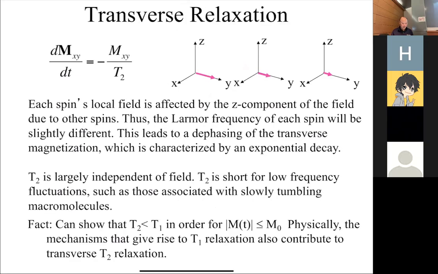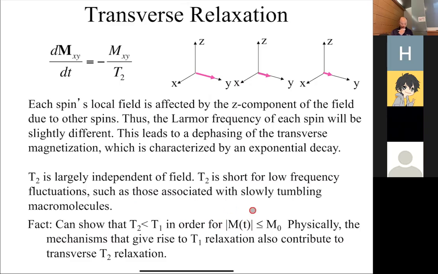Okay. The other one we have to talk about is transverse relaxation. This one has an even simpler first order equation, which just means this is an exponential decay. If I start some magnetization here, it decays exponentially with a time constant of T2. You can show, which you will be doing on your homework, that T2 must be less than T1 in order for the magnetization never to get bigger than its equilibrium state.